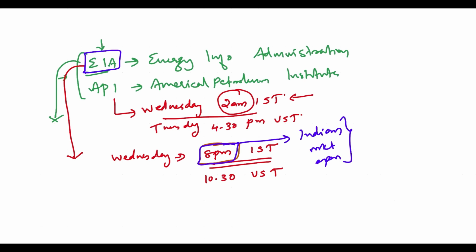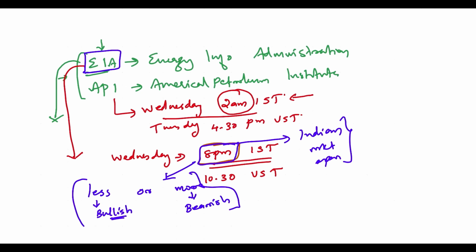What we need to understand is whether inventory is less or more. If it is less, demand is more, so bullish. If it is more, demand is less, so bearish. So based on the fundamentals, you have taken this decision. Then you need to go with technicals, that is our indicators, the price action, the levels, the EMAs, the CPR. Everything I'll discuss, so you don't need to worry about that.